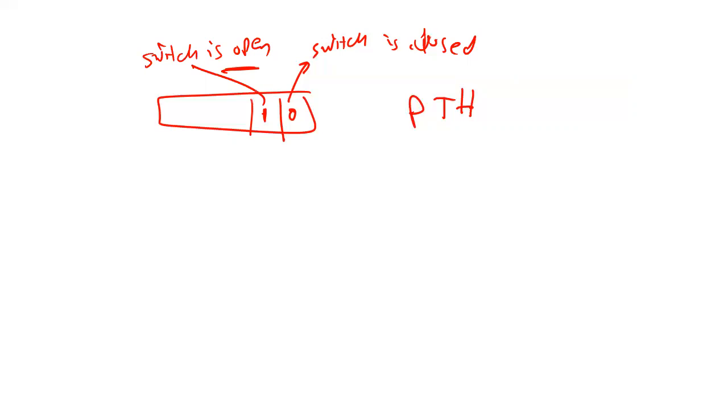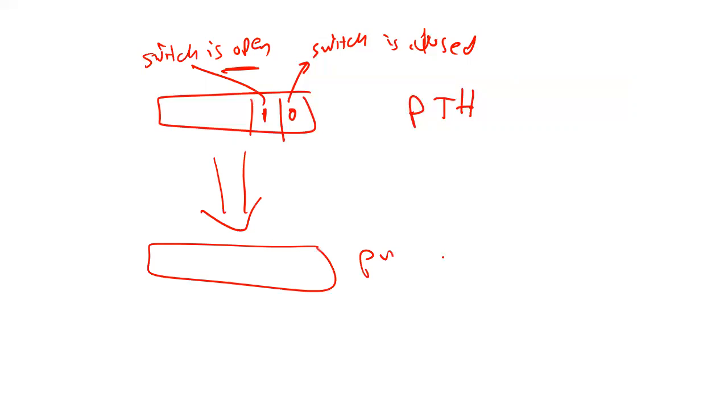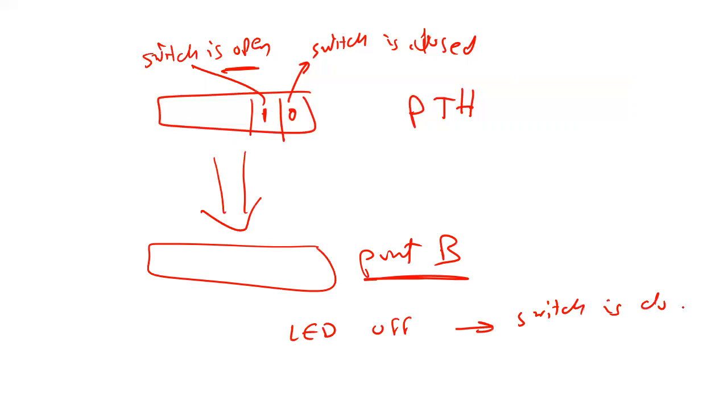So if I take this one and send it to port B, what's going to happen? If the LED is off, it means the switch is closed. And if the LED is on, that means the switch is open. Is that true? Because this one is going to put 5 volt here.